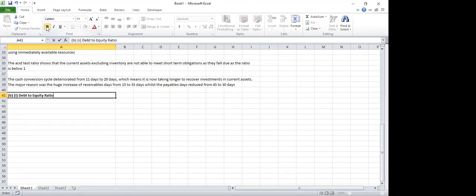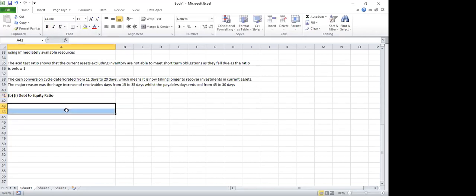We should also know that they asked us to calculate for both years. That is 2021 and 2020. So this one, it's long-term interest-bearing debt over equity.